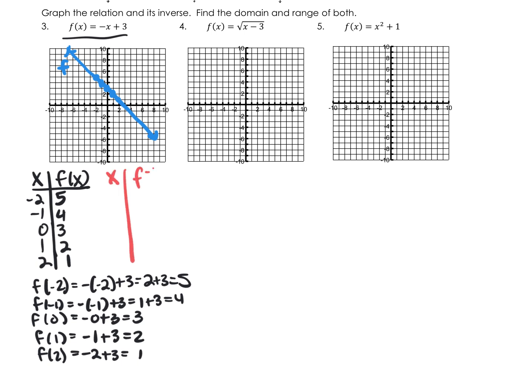And all we need to do is remember the one thing we do for inverses, and that's flip the x and y. So flip the x and y. And so this will be at 5, -2, 4, -1, 3, 0, 2, 1, and 1, 2.